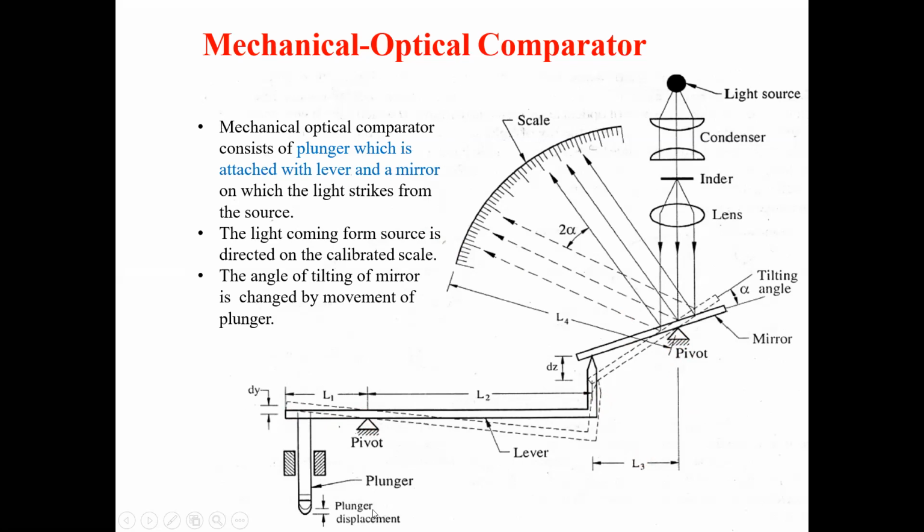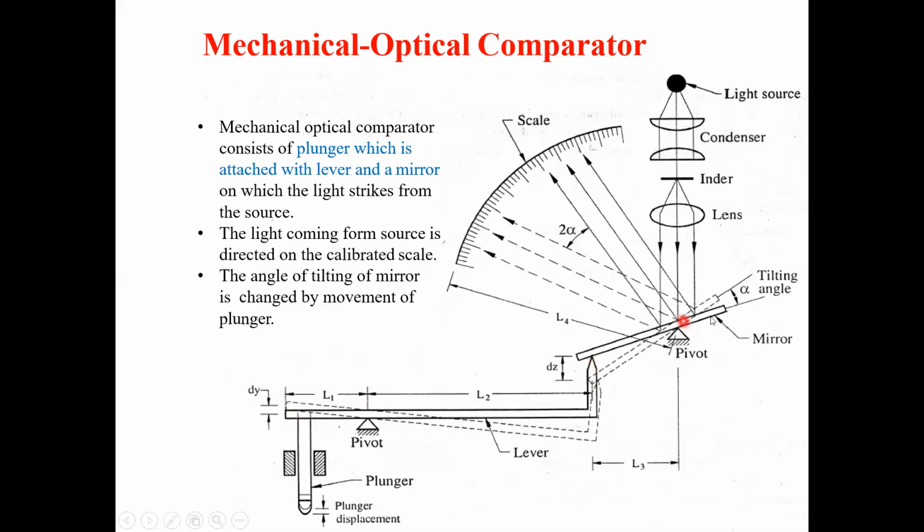For a very small plunger displacement, when the plunger is displaced in the upward or downward direction, suppose upward, the lever deflects like this, and the deflected lever rotates the mirror through an angle alpha.